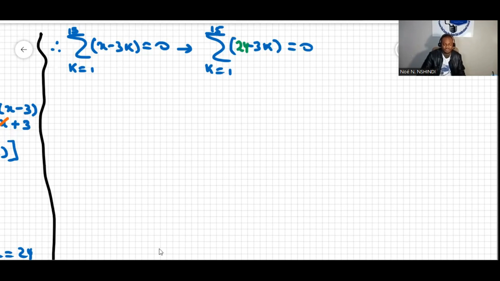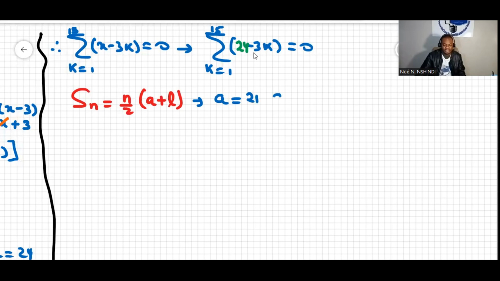Because we know the first and last term, we can use this formula: S_n is equal to n over 2 times a plus l. We know that a will be the first term, when k is equal to 1. So we sub 1 here for k, which gives 24 minus 3, which is 21.